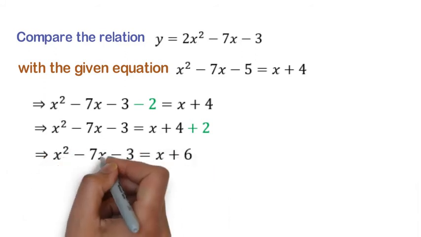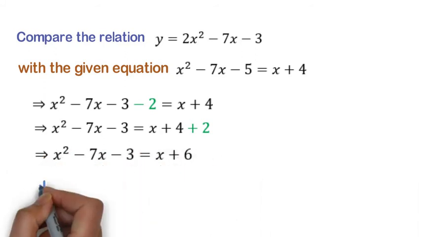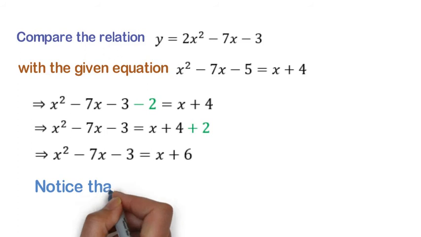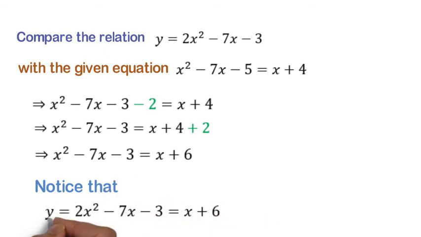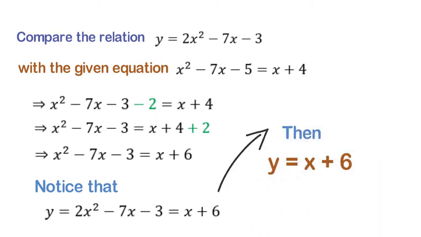Notice that the left hand side of this equation now is exactly the relation. So if y is equal to 2x squared minus 7x minus 3 and 2x squared minus 7x minus 3 is equal to x plus 6, it means that y is equal to x plus 6 too.